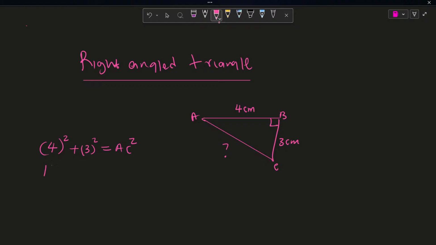This will be 16 plus 9 is equal to AC squared, and that will be 25 is equal to AC squared. How do you remove the squared there? AC is equal to the square root of 25, for which the answer is 5 centimeters. I hope that one is clear, guys.